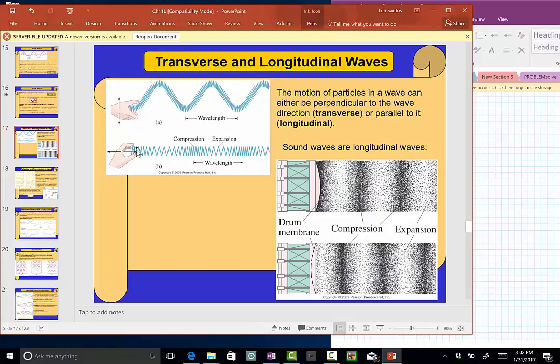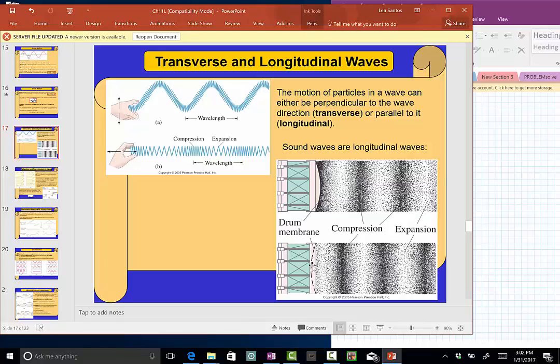Very important kinds of longitudinal waves are the sound waves, and in this drawing here with the drums, that's what we have. When we hit the drum, the membrane extends and compresses, extends and compresses. What happens to the air around it? When it extends, the air gets squeezed together. All these molecules of air have a little space, so they get compressed.